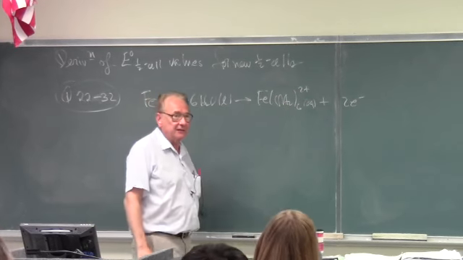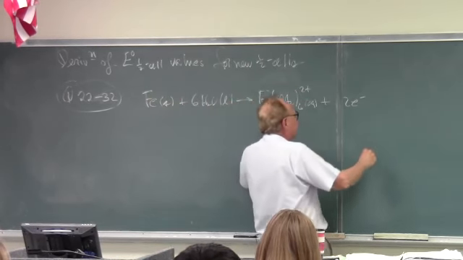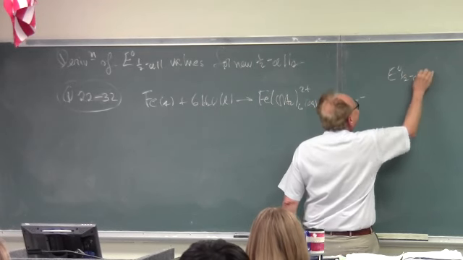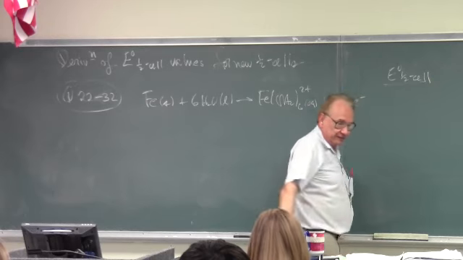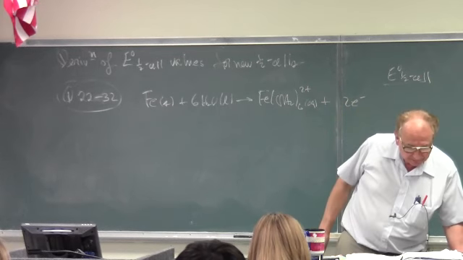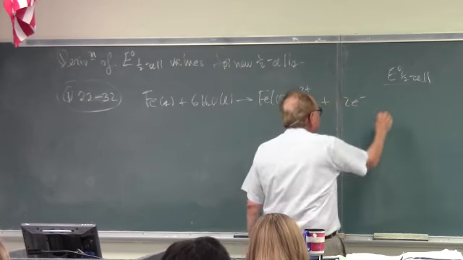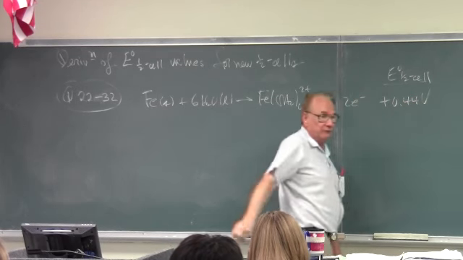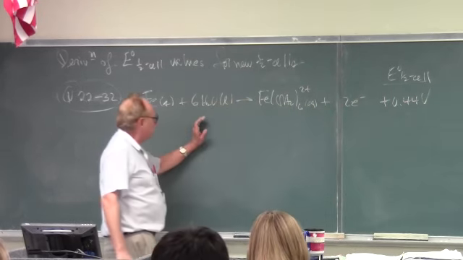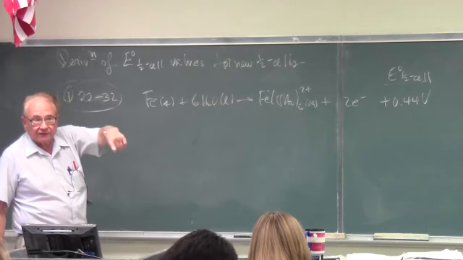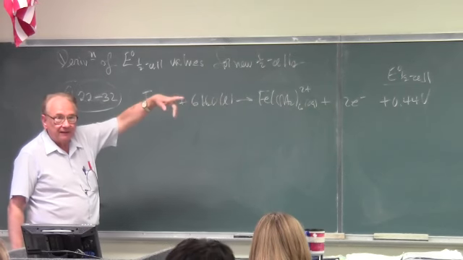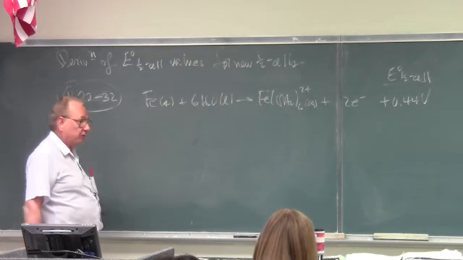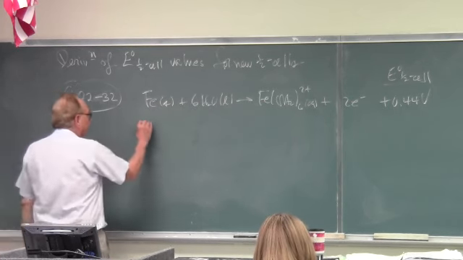Considered to be oxidized in the presence of water to make hydrated iron plus 2, for which the half cell potential is plus 0.44 volts. In fact, this was one of the half cells we had to consider coupling to get the Ksp for that iron 2 hydroxide we looked at a short while ago. Okay?